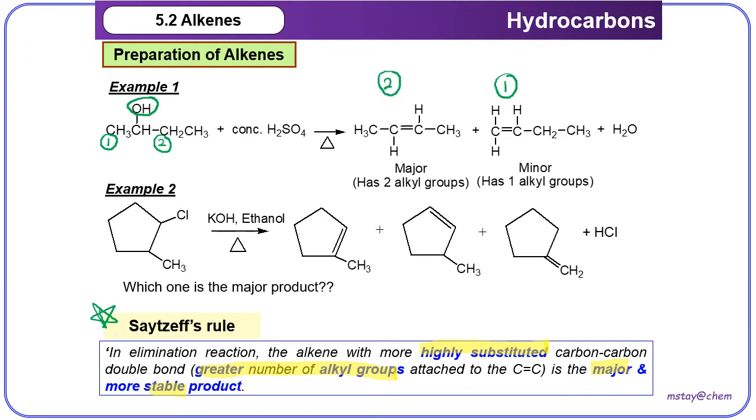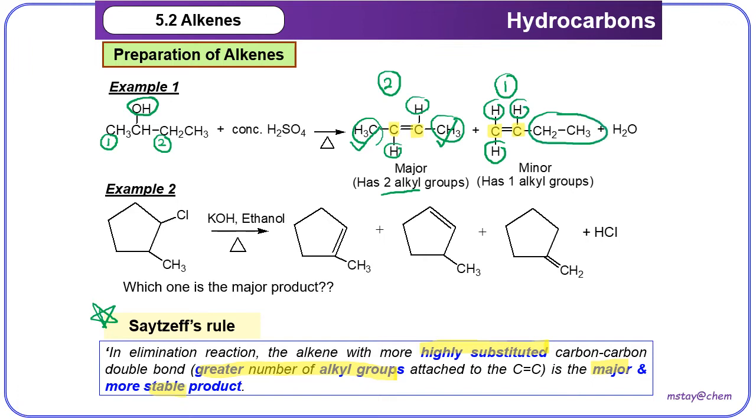Now we focus on the carbon-carbon double bond. Each carbon with the double bond will always have 4 groups: 1, 2, 3, and 4.